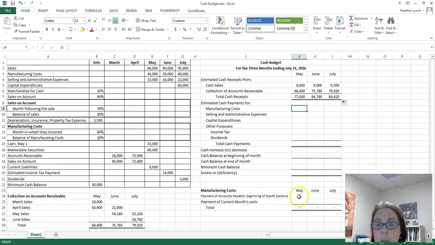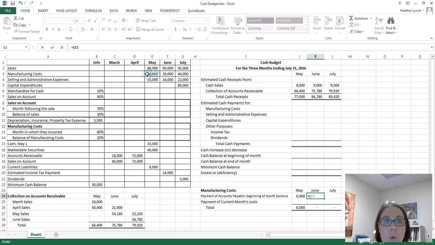So payment of accounts payable. We had current liabilities in May, so we're going to pay that $6,000. So then in July, or I'm sorry, how about we do June? Okay, we have $34,000.